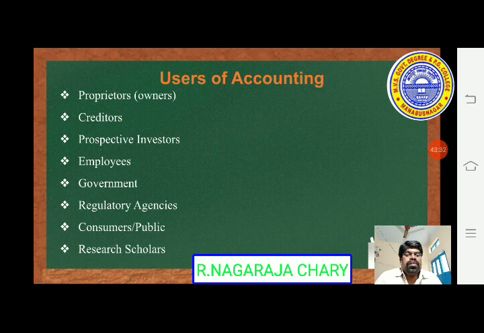Next, research scholars. Who are they? Research scholars are persons who are going to learn something, always new topics. Always they search for new things, meaning the company's performance.